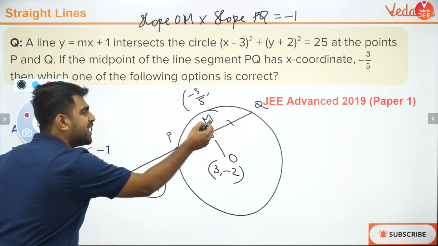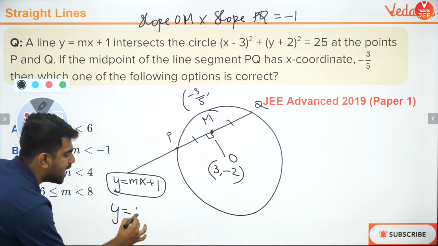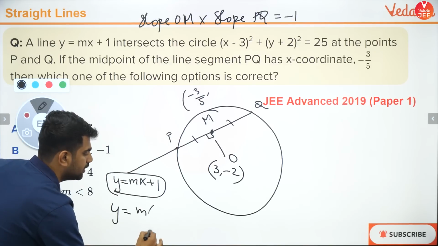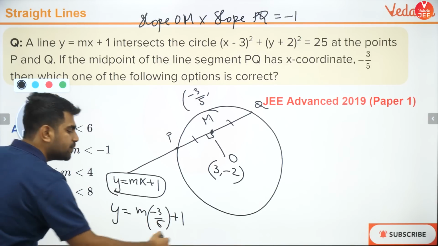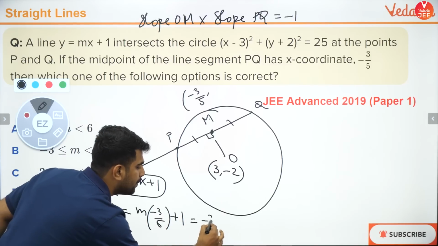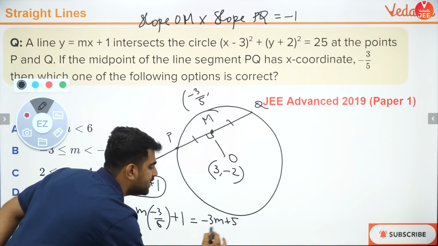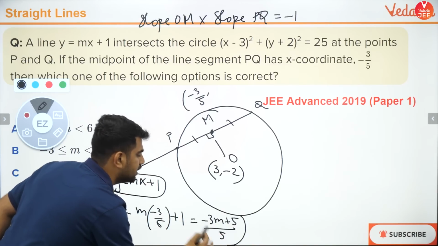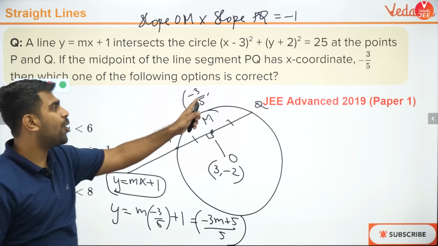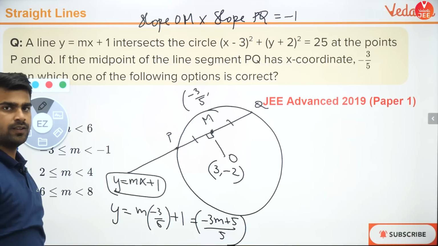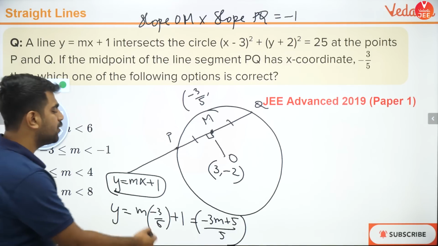So the y coordinate of M will be m times the x coordinate plus 1. This will be minus 3m plus 5 by 5. This will be my y coordinate of the point M. So now, why did I have to figure it out?